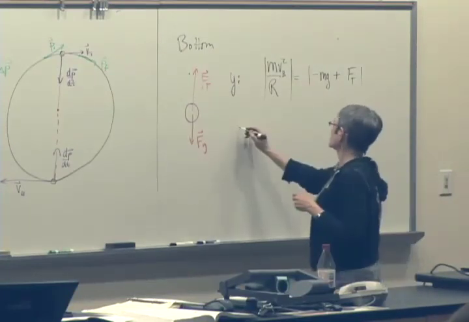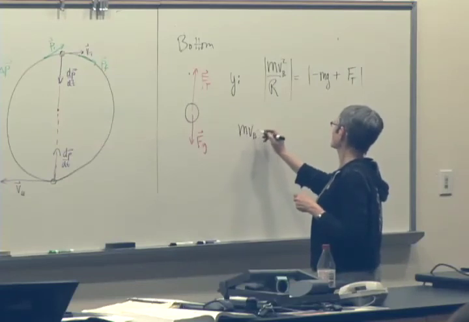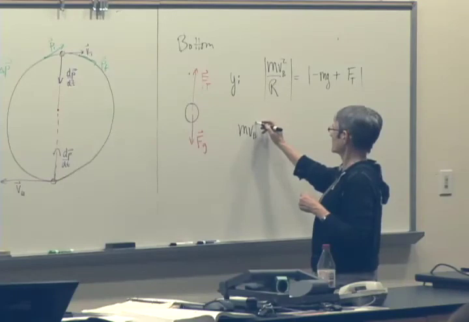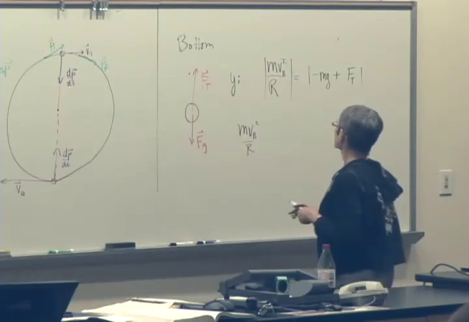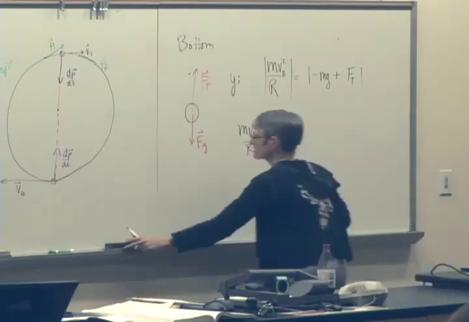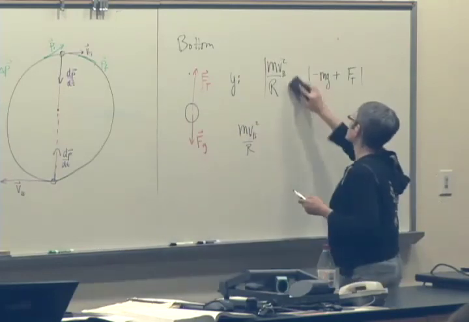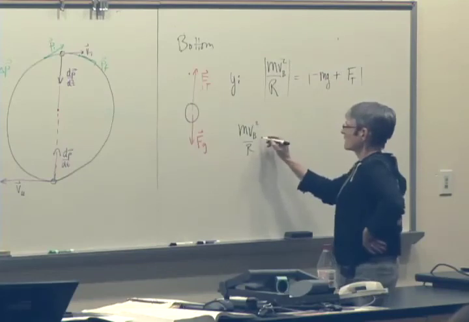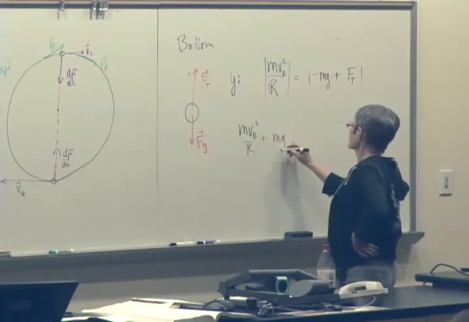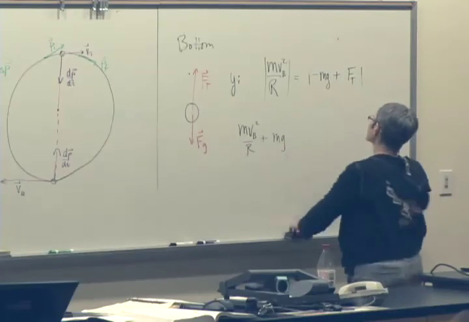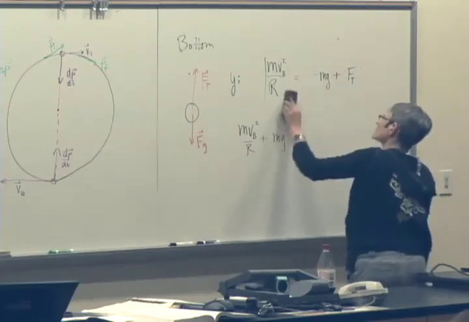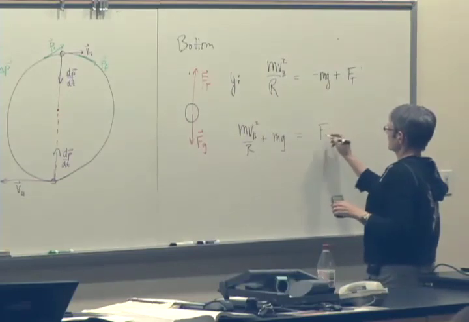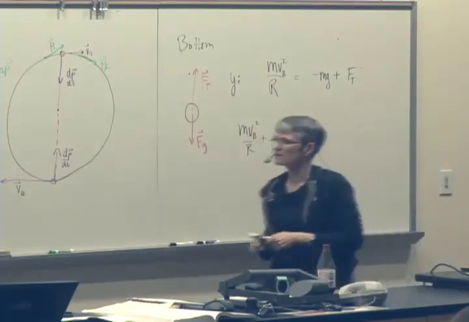And that means that we have an m v squared over r here. In fact, yeah, that is what we want. And here we have a plus mg. So this, we don't really need absolute values, taking y components, is going to be equal to the tension force.